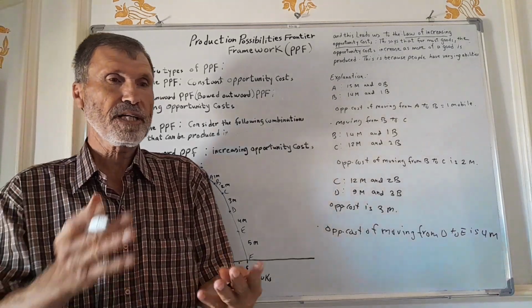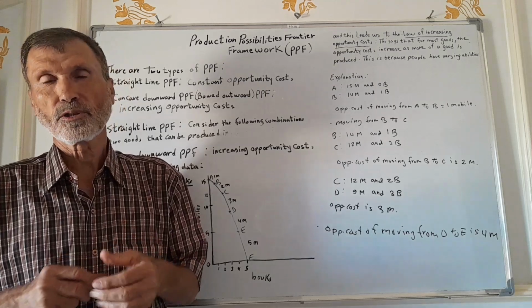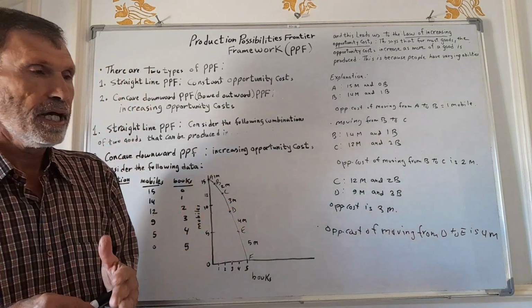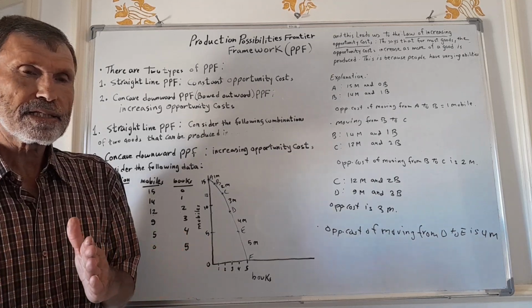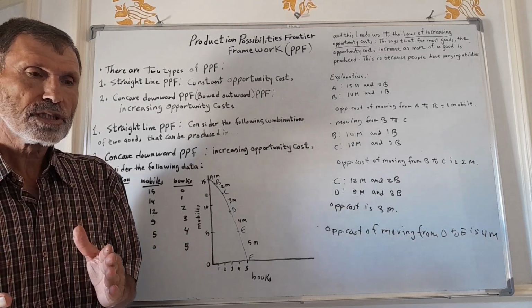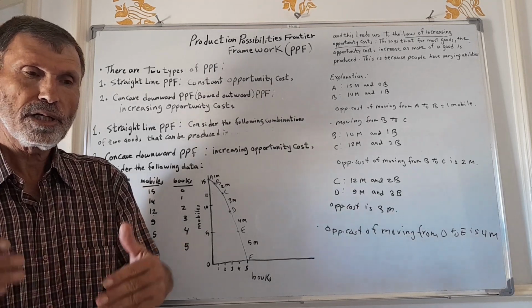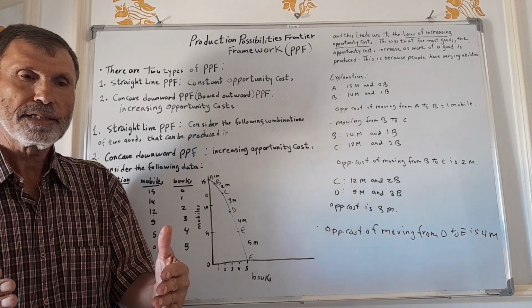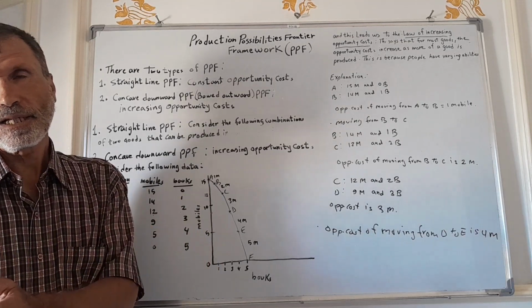So let's give an example of what we mean by an increasing opportunity cost. Usually, highly skilled individuals have lower opportunity costs when they work than less skilled individuals.